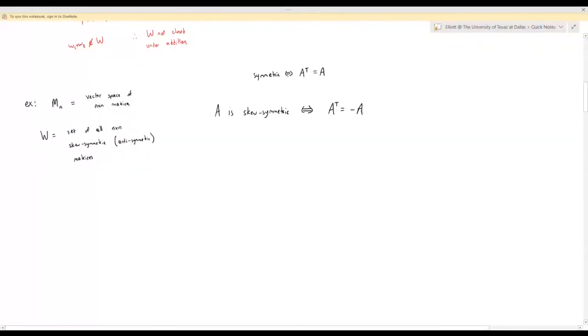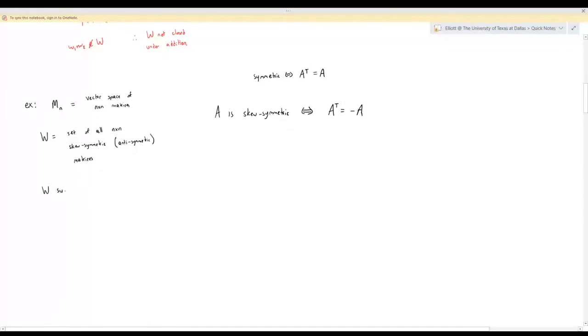So symmetric means A transpose equals A. When you have the condition that A transpose is negative A, they call that skew symmetric or anti-symmetric. So if we're looking at the set of all n by n skew symmetric matrices, we want to check if this is going to be a subspace of the space of all n by n matrices.